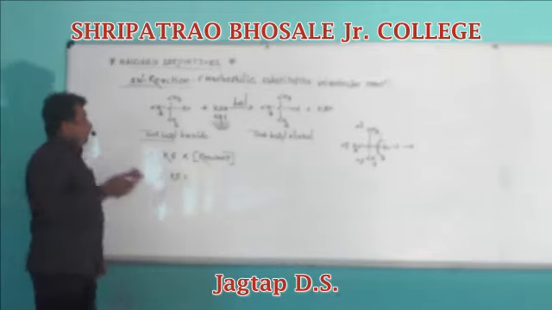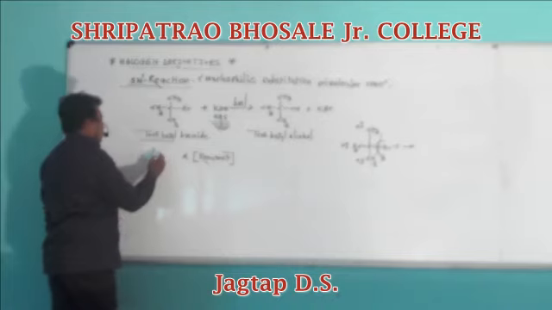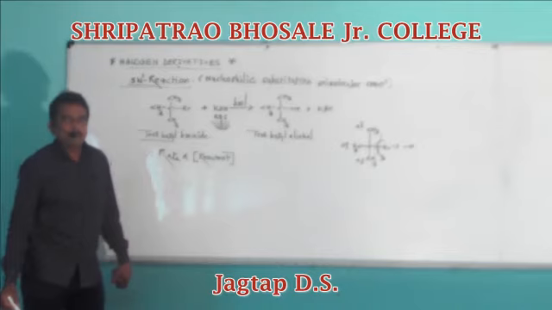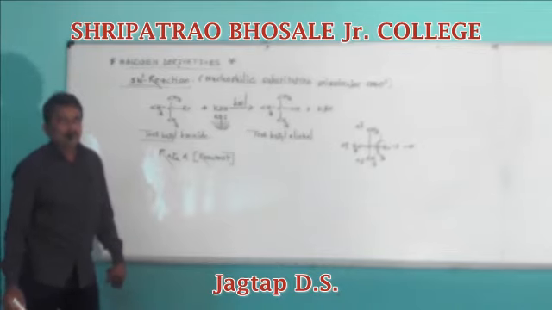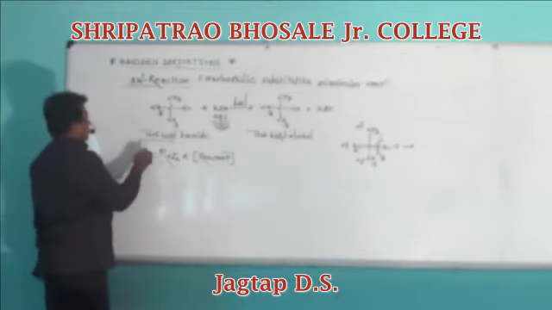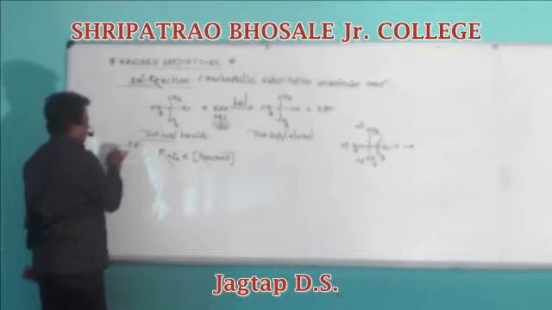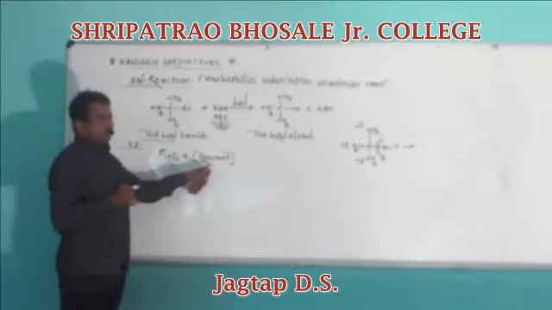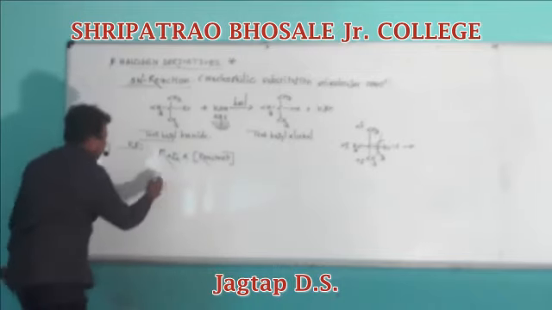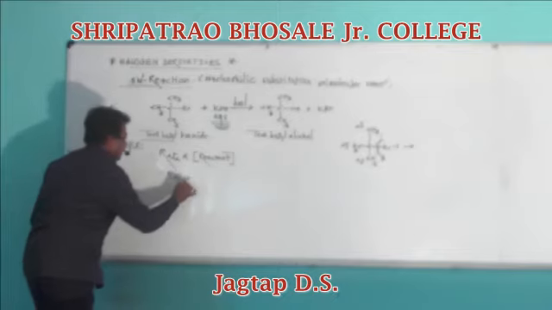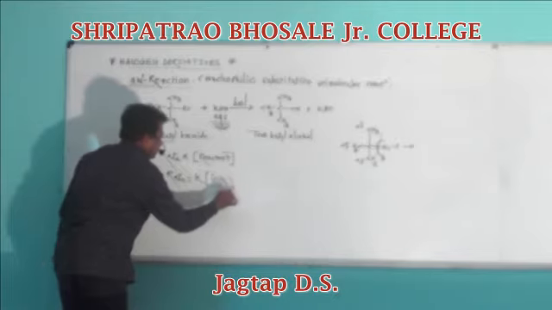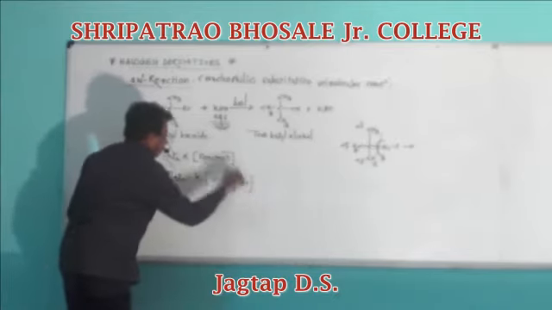So, rate is directly proportional to the concentration of the reactant taking part in the RDS, the concentration of reactant taking part in the formation of the carbocation. The kinetic expression gives the rate of reaction and the concentration of reactant taking part in the RDS. Therefore, rate is equal to k into the concentration of tertiary butyl bromide only.